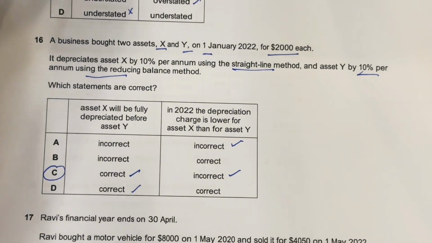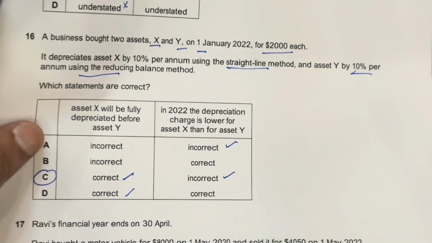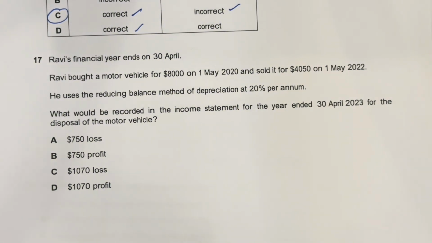Now we will move to question number 17. Ravi's financial year ends on 30 April. Ravi bought a motor vehicle for 8,000 on 1 May 2020 and sold it for 4050 on 1 May 2022. He uses the reducing balance method of depreciation at 20% per annum.